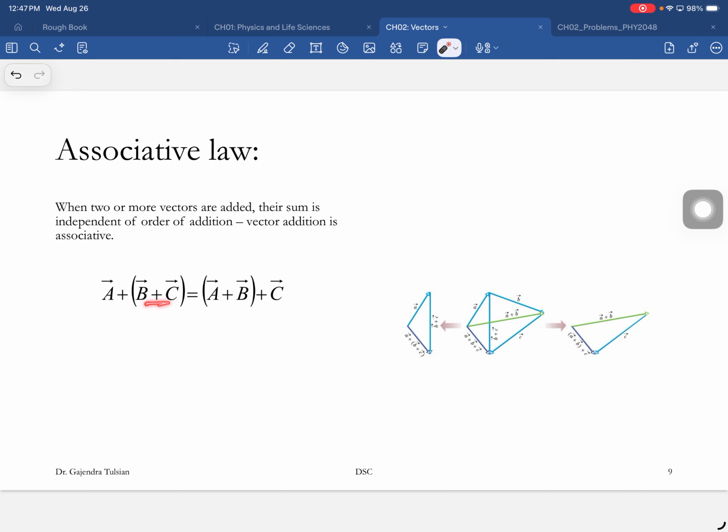So here's B plus C, which is that, and A plus B plus C is A plus B plus C there. A plus B is that, plus C is A plus B plus C. So you're getting the same result both ways.